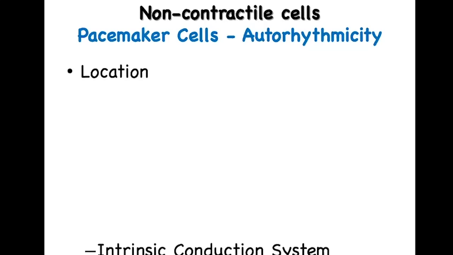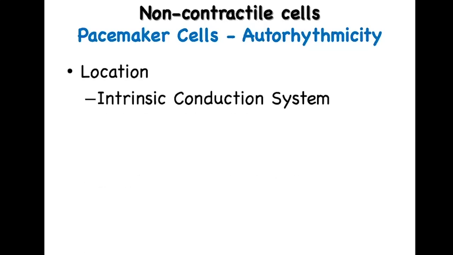Let's look at the non-contractile cells. Pacemaker cells exhibit autorhythmicity. They are located within the intrinsic conduction system. And what this autorhythmicity means is that auto means self. So these cells, the pacemaker cells, have the ability to initiate an action potential without neural input. And this is different from skeletal muscle cells.